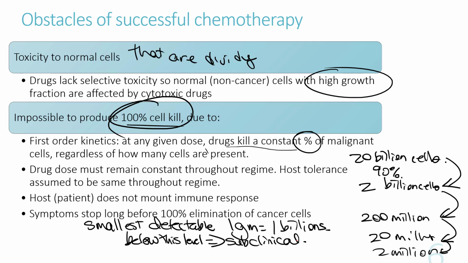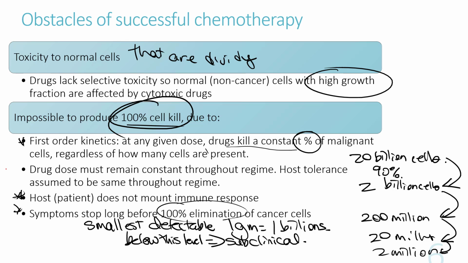And so the symptoms stop before 100% elimination of cancer cells, because once it goes below this 1 billion cell number, it becomes subclinical, and you don't really know whether the patient still has cancer cells floating around in their body. The third thing is that the patient does not mount an immune response. So there's nothing in the patient to actually help the process along.